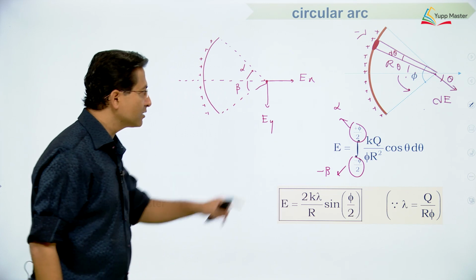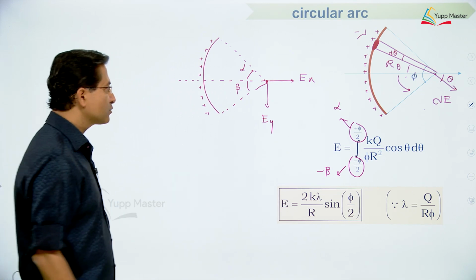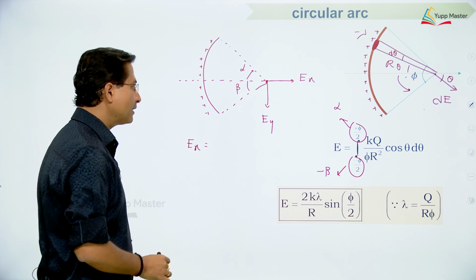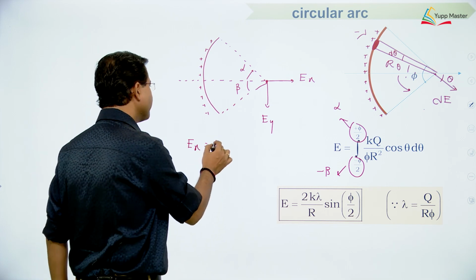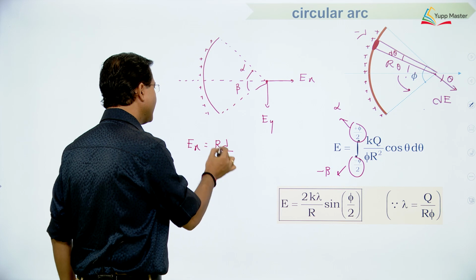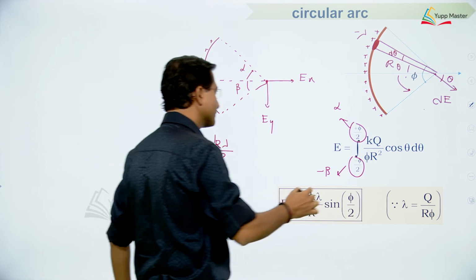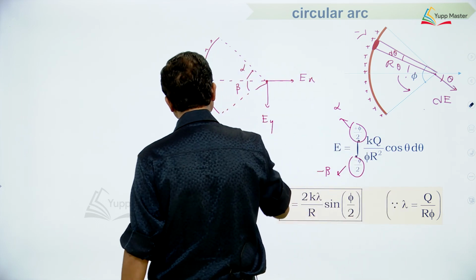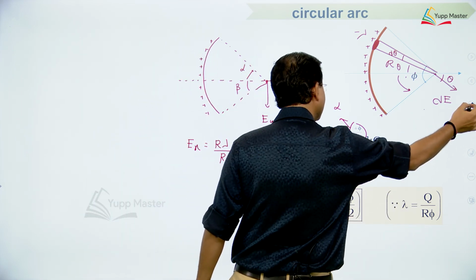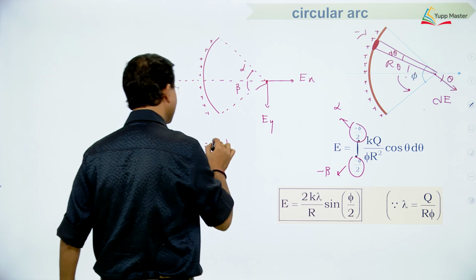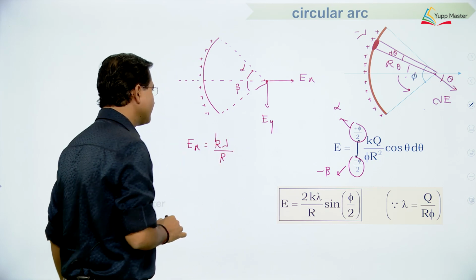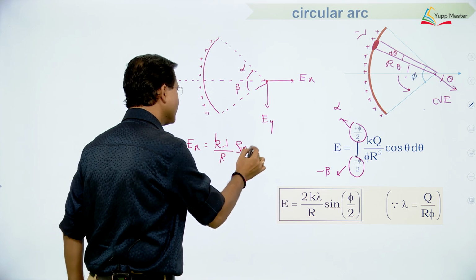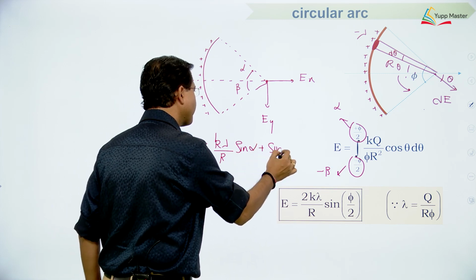So when you integrate this one, then the x component will come, k lambda divided by r, sin alpha plus sin beta.